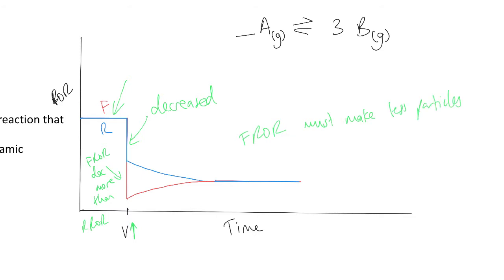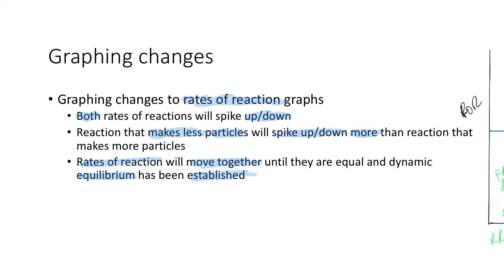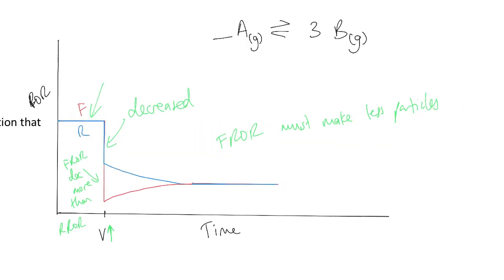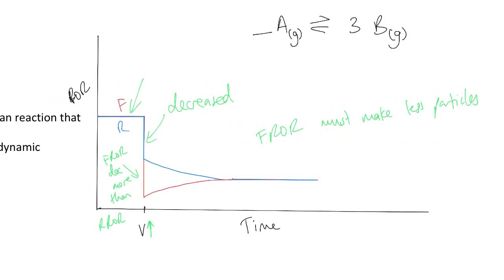Does that make sense? Because we just said the reaction that makes fewer particles will be more affected, and will spike up and down more than the other. So the forward reaction must make fewer particles. Over here, this is part of that reaction.